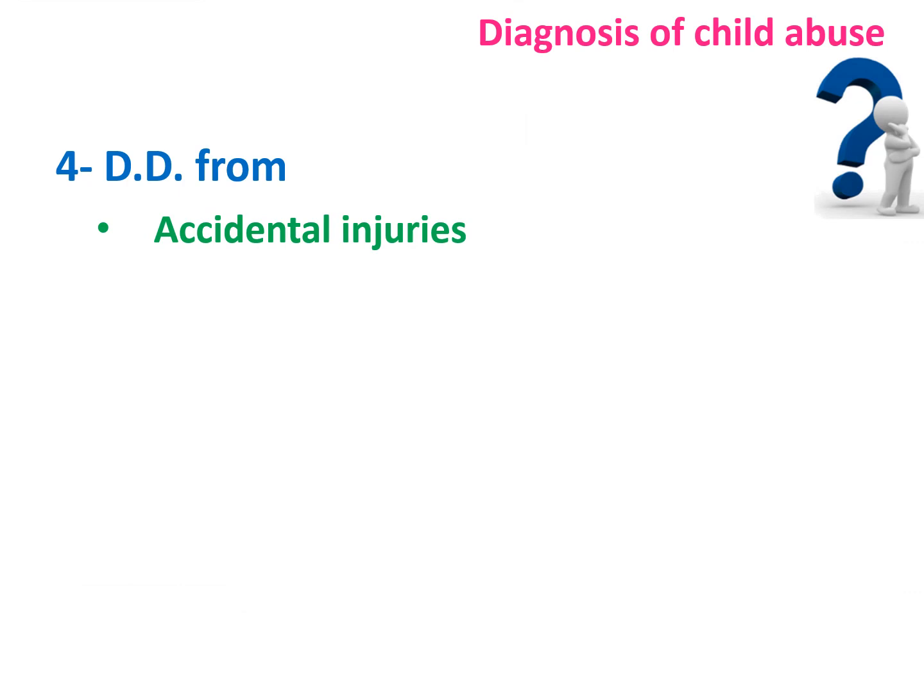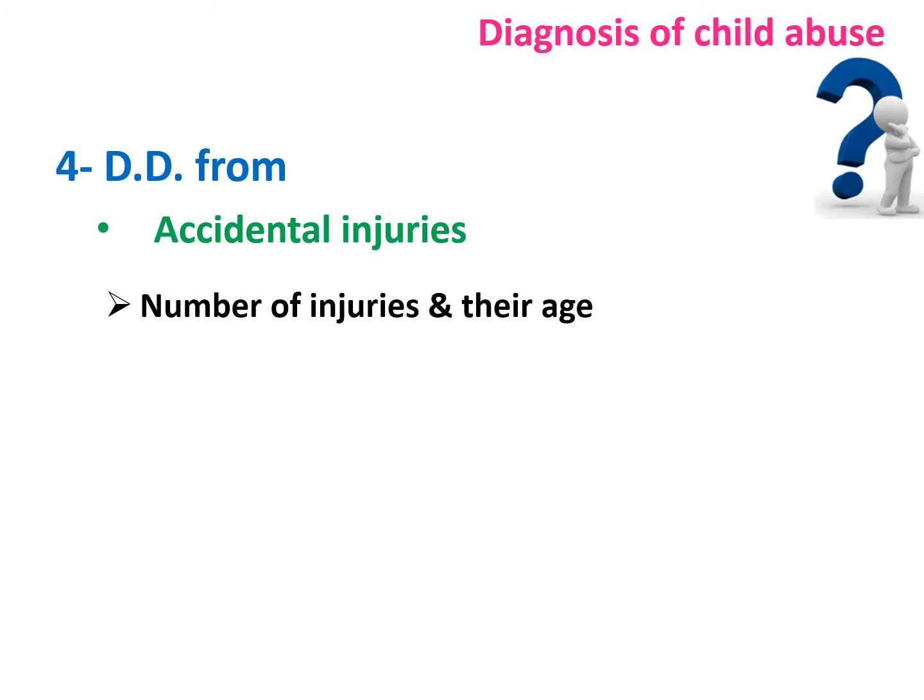Differential diagnosis between accidental and child abuse injuries is also by the number of injuries and their age. As we said before, in case of child abuse, the injuries are multiple and are in different stages of healing. This is not the case in accidental injury.